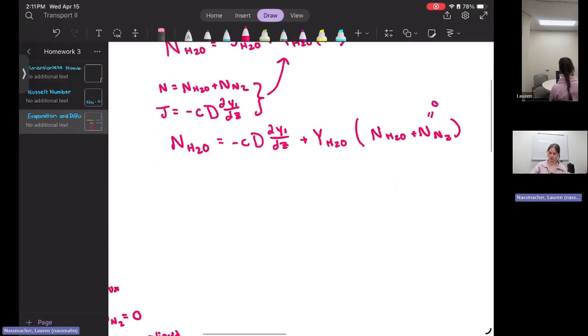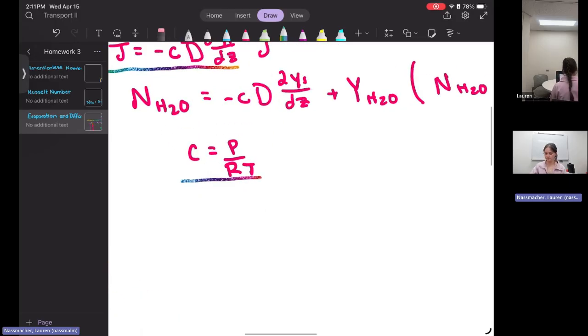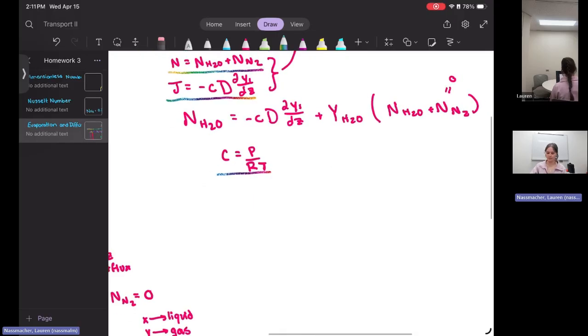From here, our concentration is equal to P over RT. Remember that: concentration is P over RT, pressure over our constant times our temperature.